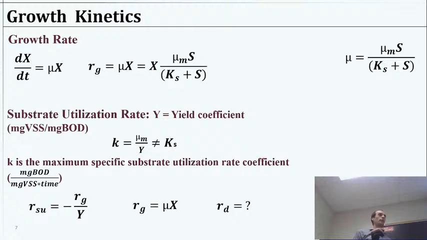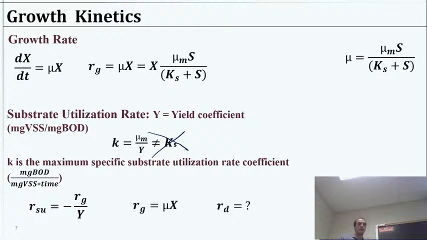There are lots of different Ks, so be warned that we have a lowercase k here. This is describing the maximum specific substrate utilization rate coefficient. We have this uppercase K with Ks. This is not the same thing, right? We've got the little s mark there, so recognize that's different and set that aside.